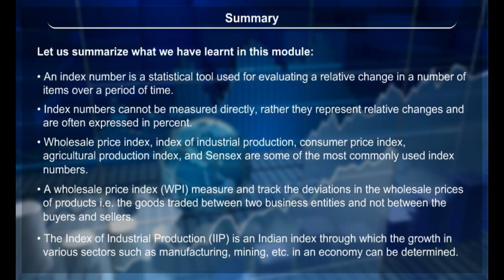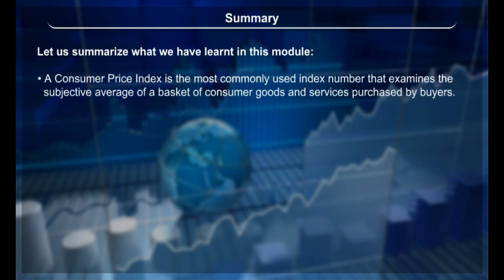The Index of Industrial Production, IIP, is an Indian index through which the growth in various sectors such as manufacturing, mining, etc. in an economy can be determined. A Consumer Price Index is the most commonly used index number that examines the average of a basket of consumer goods and services purchased by buyers.